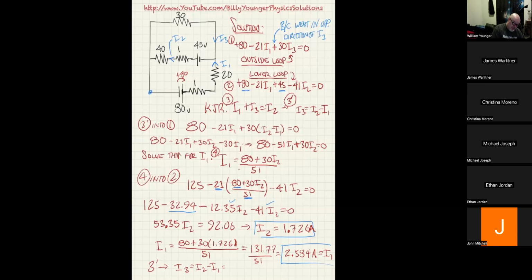Now I'm going to subtract from that 2.584. And that's going to give me negative 0.8581 amps is equal to I3. And yes, that's right too.